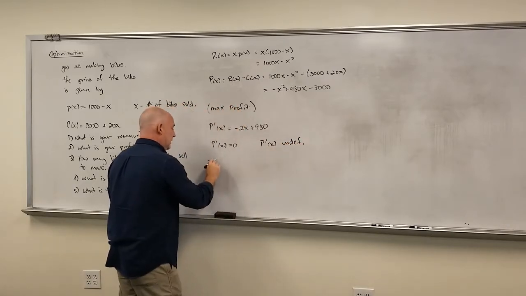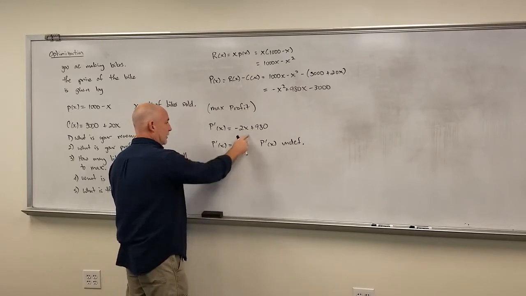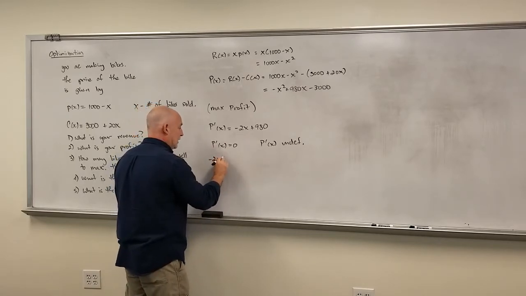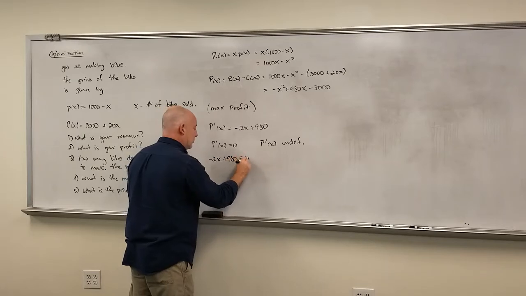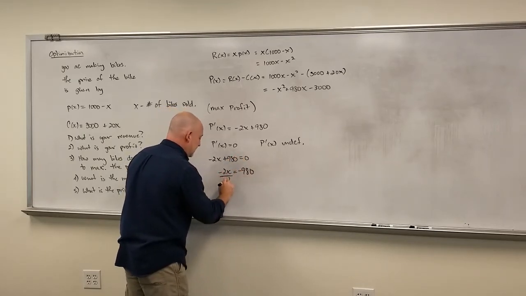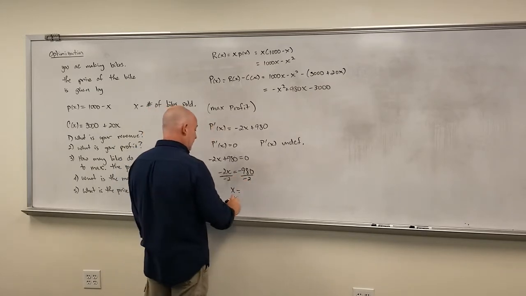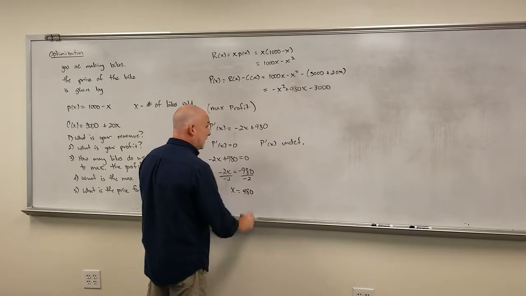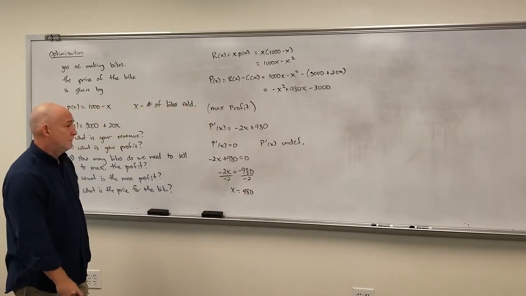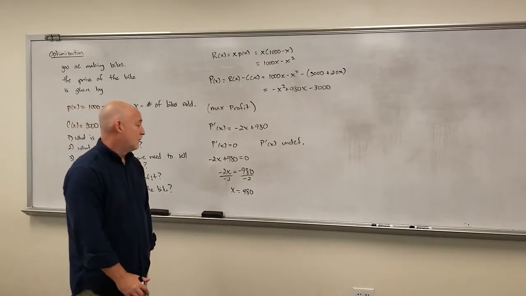So negative 2x plus 980 equal to 0. Negative 2x is negative 980. So when x is, what's half of that? 480? Is that right? 490.